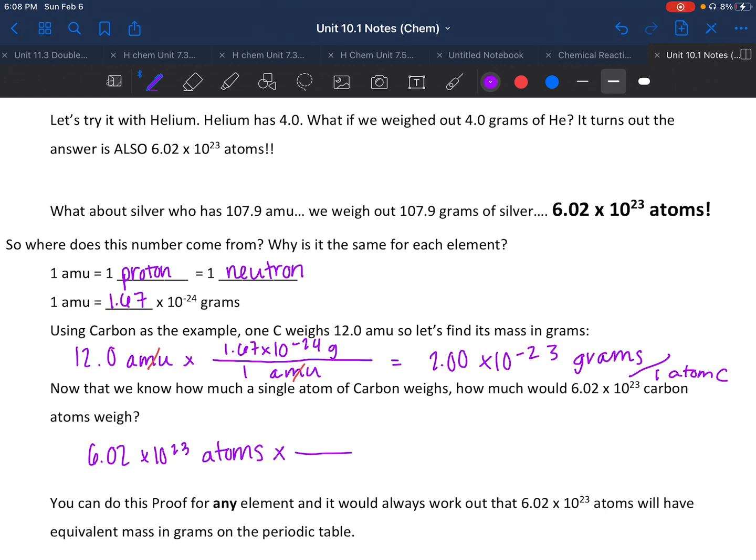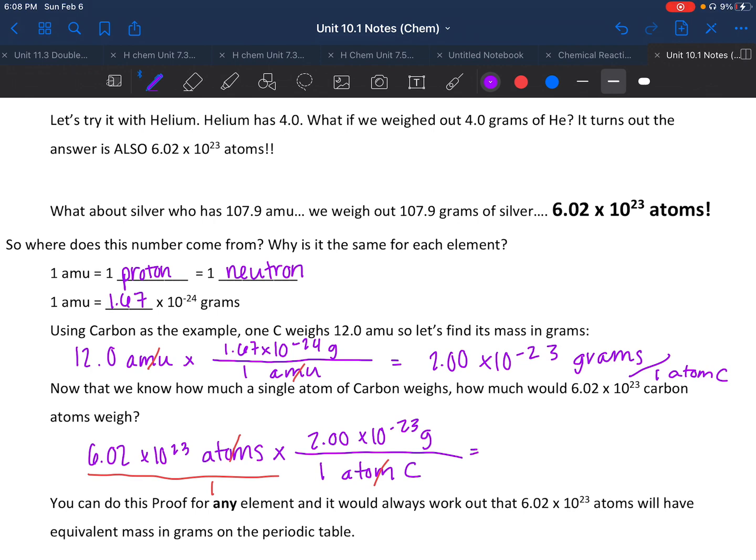As we set up, I'm going to put my one atom of carbon on the bottom, making sure that the bottom cancels out with the front number, because remember, you can think of this over an imaginary 1. And then the top number is that 2.00 times 10 to the negative 23rd grams.